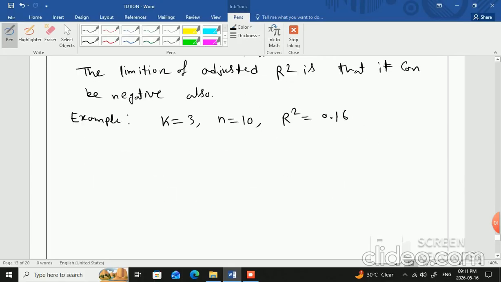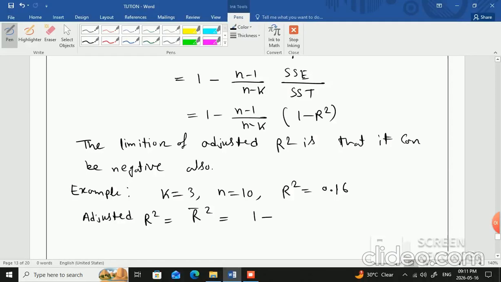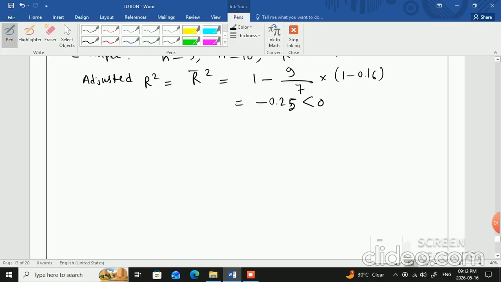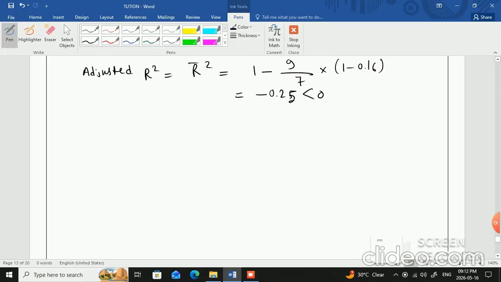Then adjusted R square will be one minus n minus 1 by n minus k, that is 9 by 7 into 1 minus R square. So after calculating, that will be minus 0.25, that is negative. So adjusted R square will be negative, but R square always positive. That's the difference between adjusted R square and R square.